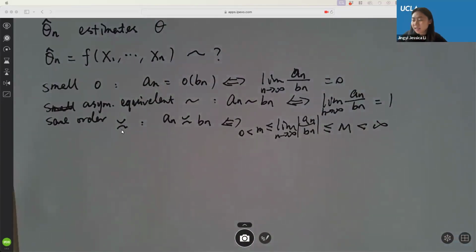So it's bounded, and we call that same order. But you can see that asymptotic equivalence implies same order naturally.